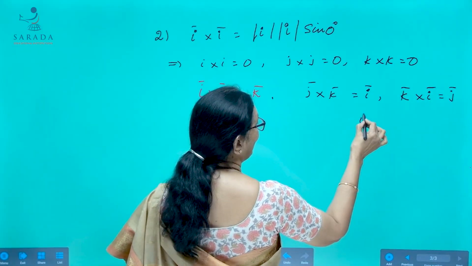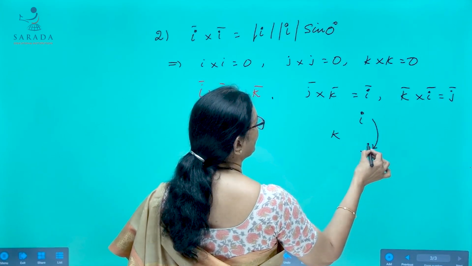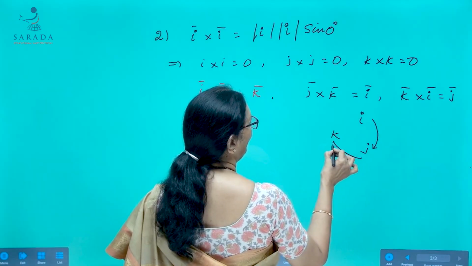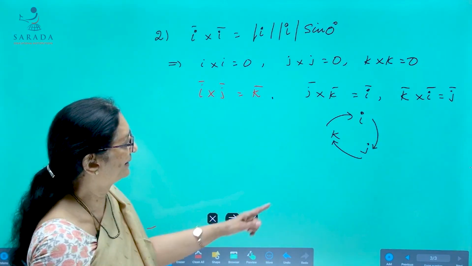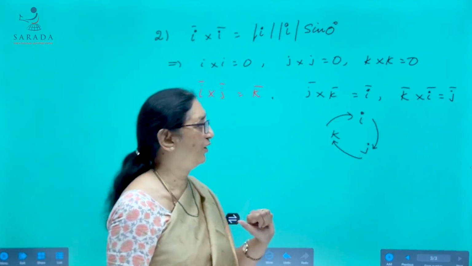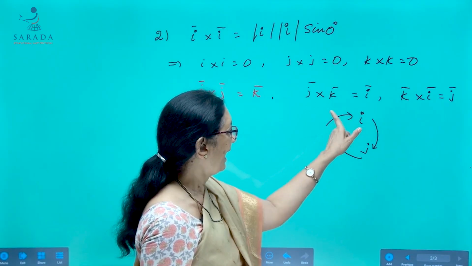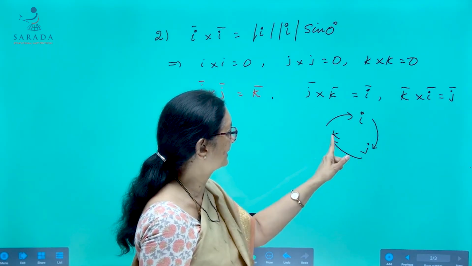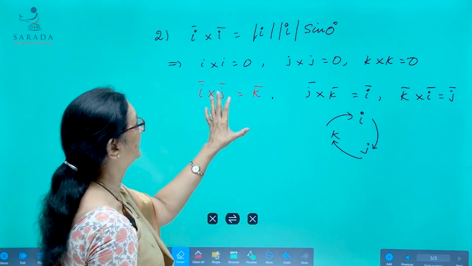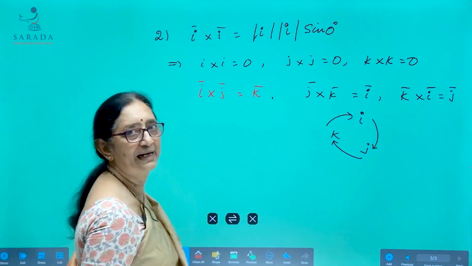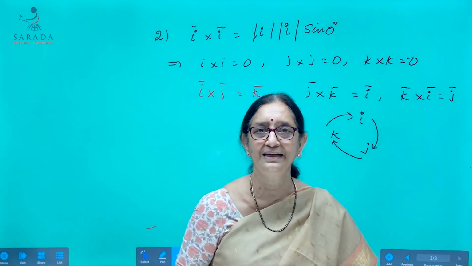See here, cyclic order I, J, K. If you reverse the order, meaning J cross I becomes minus K, I cross K becomes minus J, K cross J becomes minus I. So, you should remember that order also. I cross J is K, J cross K is I, K cross I is J bar.